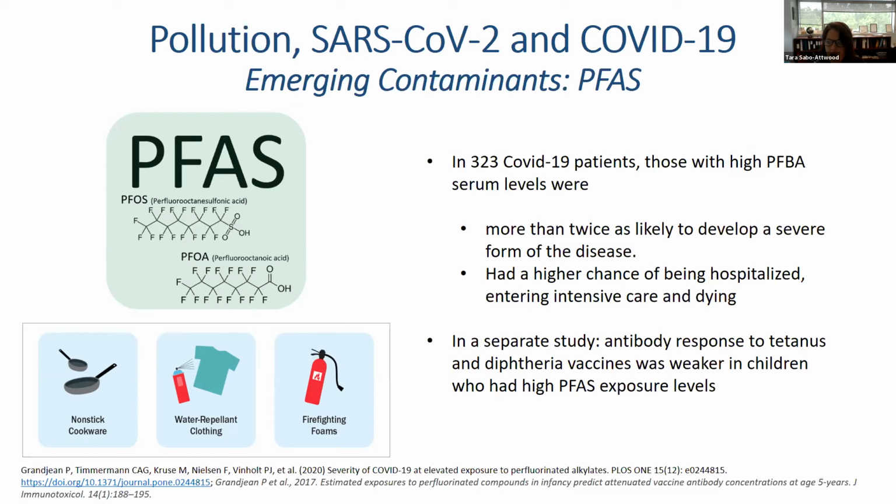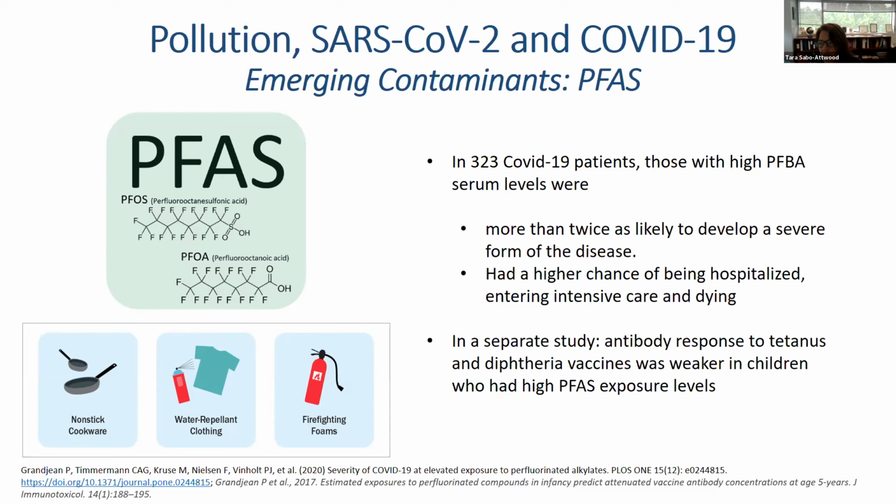And so there's been a couple studies out now. Grandjean's group really has done a lot of this work. And just to give you a little example or flavor of this, they recently published a paper looking at 323 COVID patients, and those which had very high levels of one type of PFAS compound, which is PFBA. And they were really interested in this compound because it tends to accumulate in the lung.